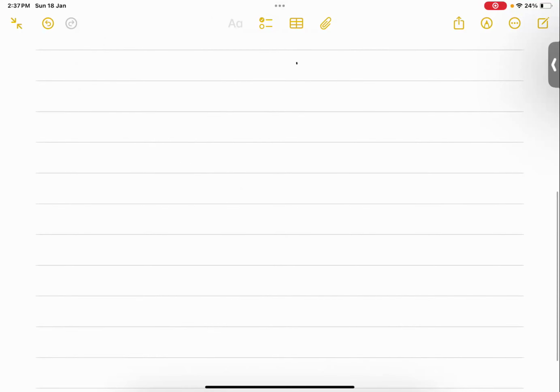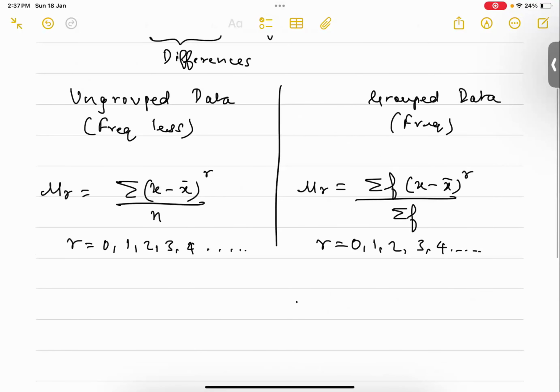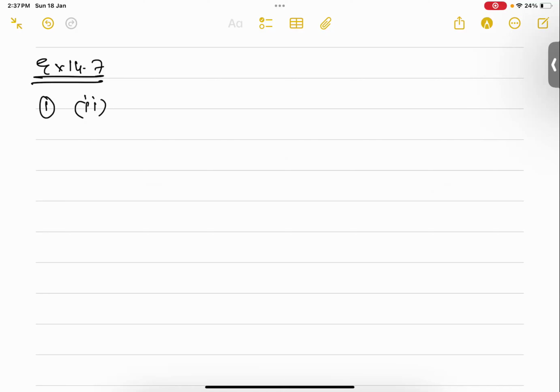X bar, which is the mean, which is also called the average, is equal to summation x upon n. So 4 plus 6 plus 7 plus 10 plus 13 upon 5, which is equal to 40 upon 5. That is 8. X bar is equal to 8.